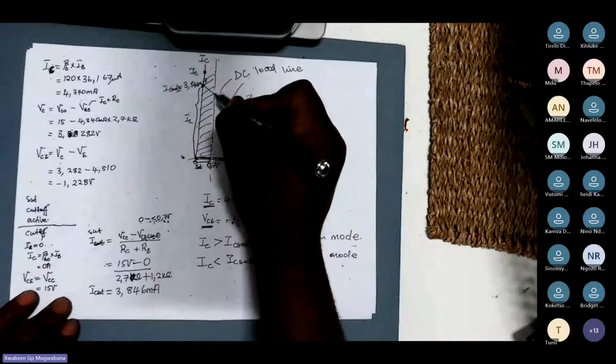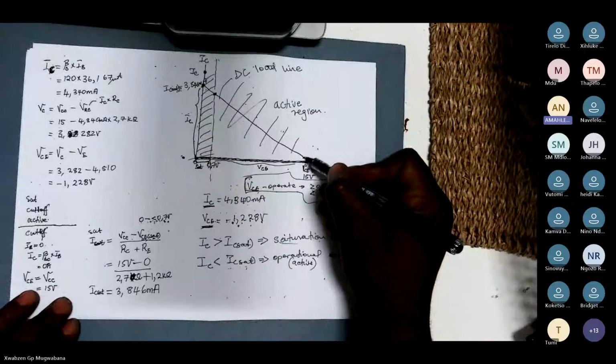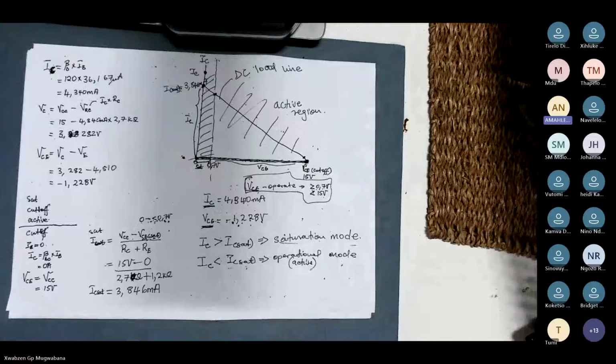Sir, is it possible that you find IC that lies within the points of 0 and I saturation, but the VCE lies outside?